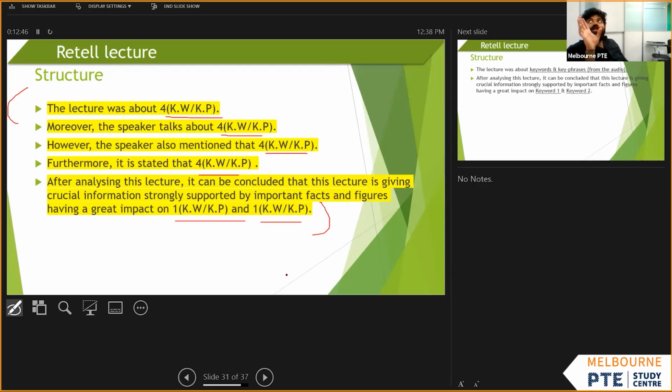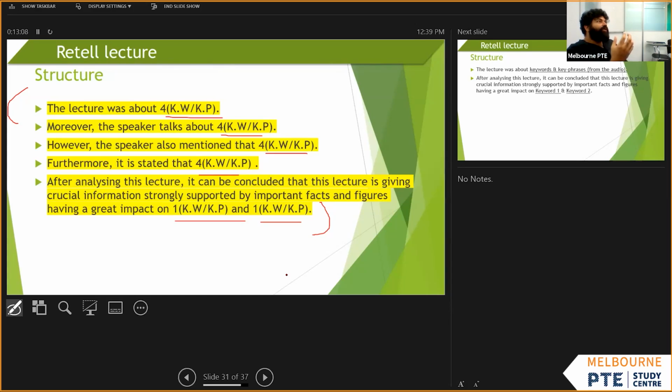Now, what we are basically doing in here is we are taking words and phrases from our audio, as I explained you earlier, and we are just gonna insert that in different sentences in here. Okay. And we will basically make it sound like a sentence over here. Now, what do I mean by that?